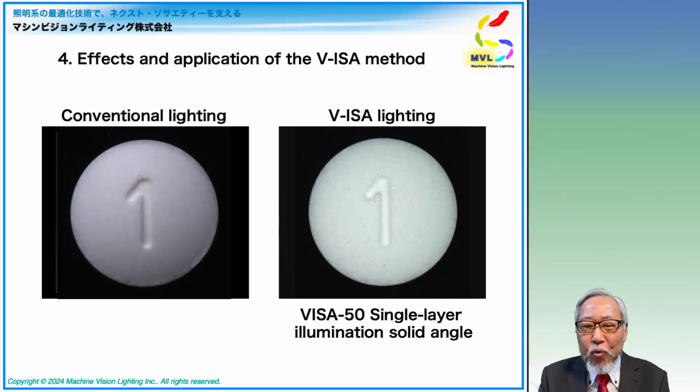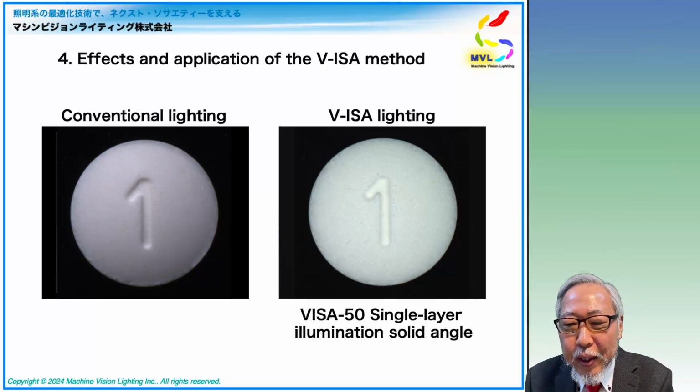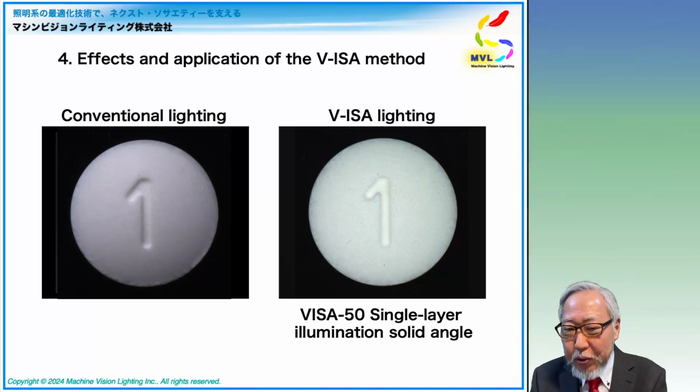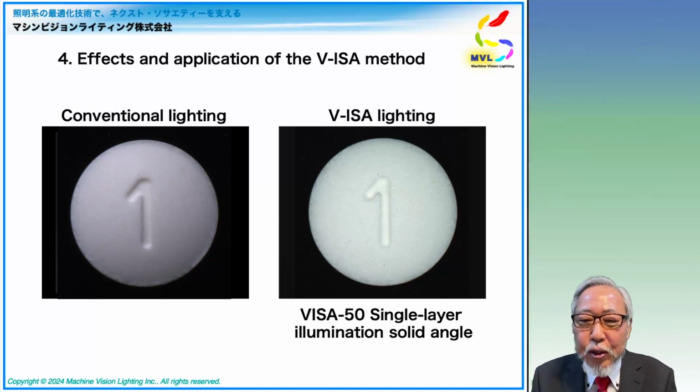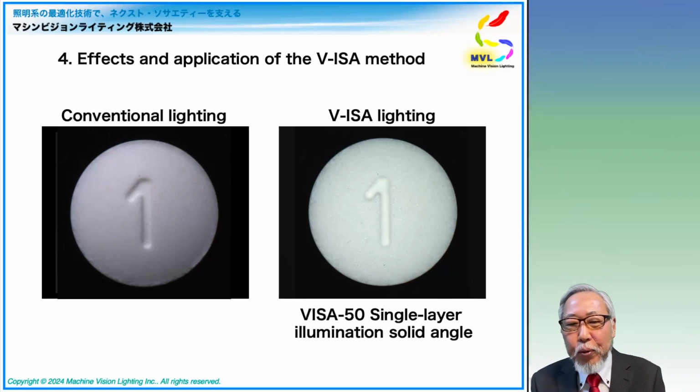In fact, it may look like an image with low contrast, but this is characteristic of quantitative image data. To take an extreme example, if there is even a difference of just one tone in a place where there should be a difference of one tone, it will look like there is a difference of just one tone.